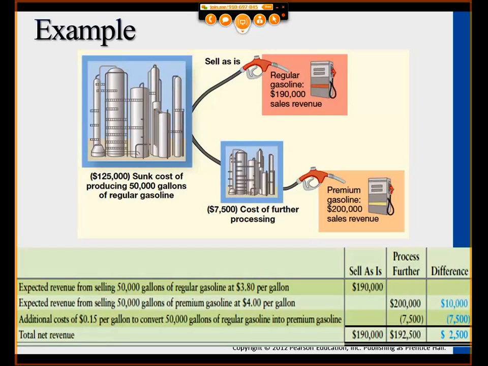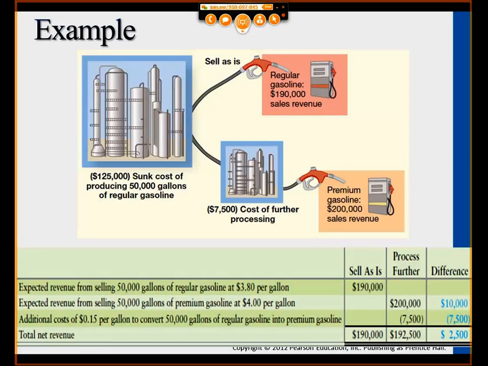Now we also know that the additional cost is going to be 15 cents per gallon. So it's 50,000 multiplied by 15 cents, we get $7,500 of additional cost, right? So you see how we calculated the first question, the second question, and the third question.